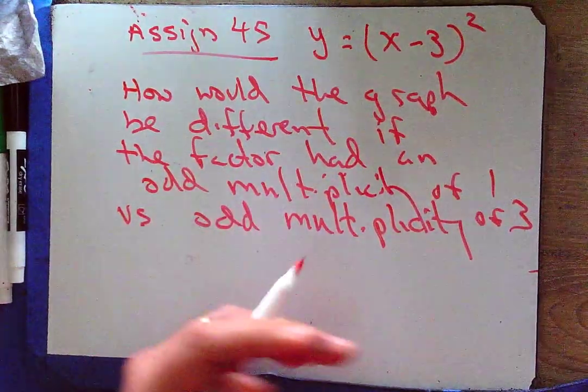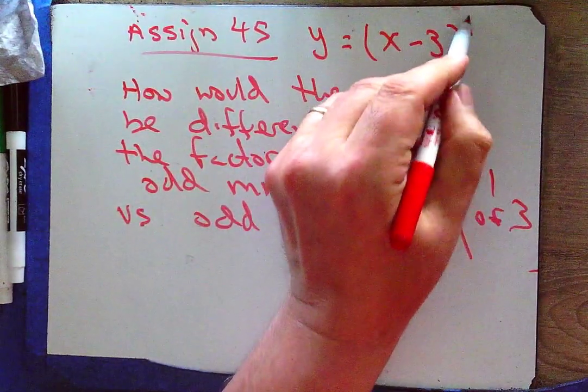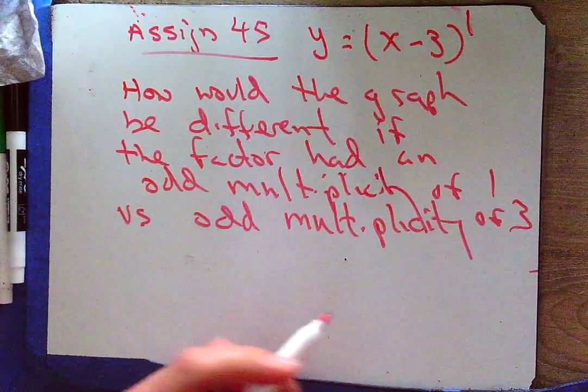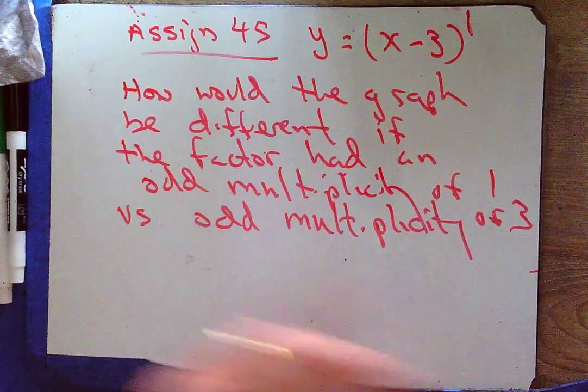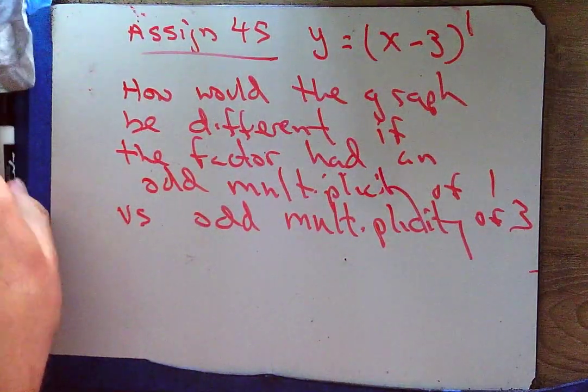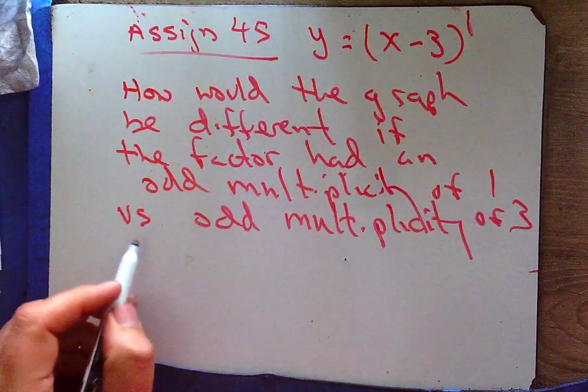What's the difference on the graph between whether we have a 3 here or a 1 here? Okay, so take a minute to think about that and come back, because I can't wait to go more with you. All right, so what do we know?